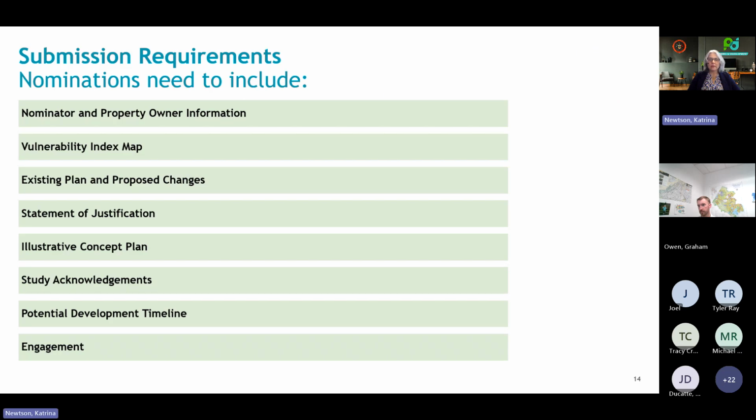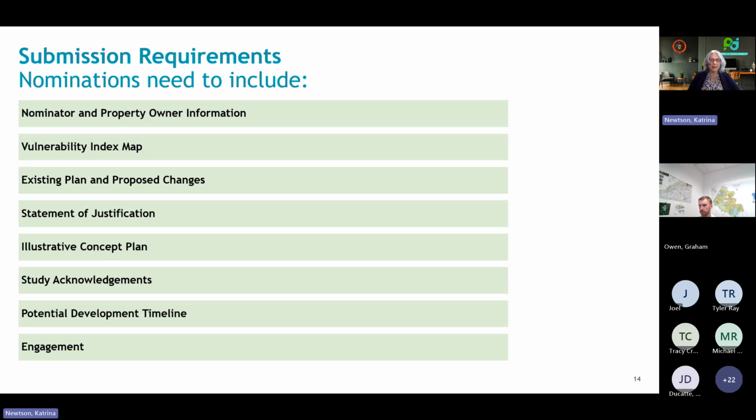The next few slides are a laundry list of all the elements of the nomination form, starting with some basic information like nominator and property owner information. New this year is a vulnerability index map that will have to be submitted, and I will go into that in a little more detail. Also required are the existing plan and proposed changes, a statement of justification, and an illustrative concept plan.